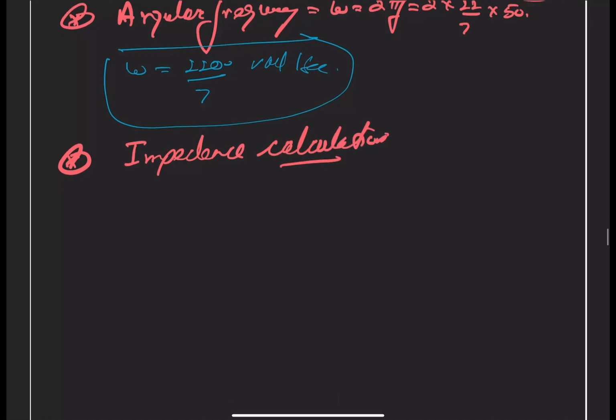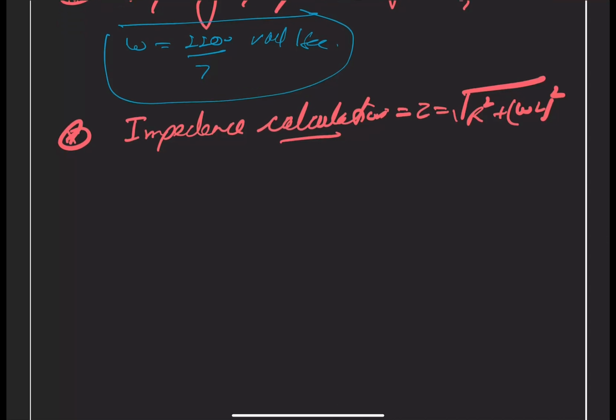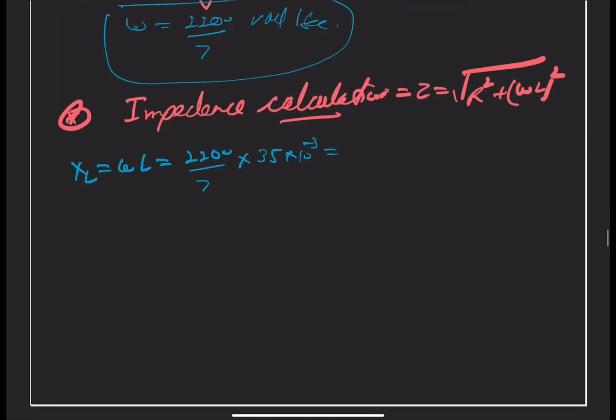In an LR circuit, the impedance Z is equal to the square root of R square plus XL square, and XL is nothing but omega L. So XL is equal to omega L, which is 2200 by 7 multiplied with the inductor, given as 35 millihenry, and this comes as 11 ohm.